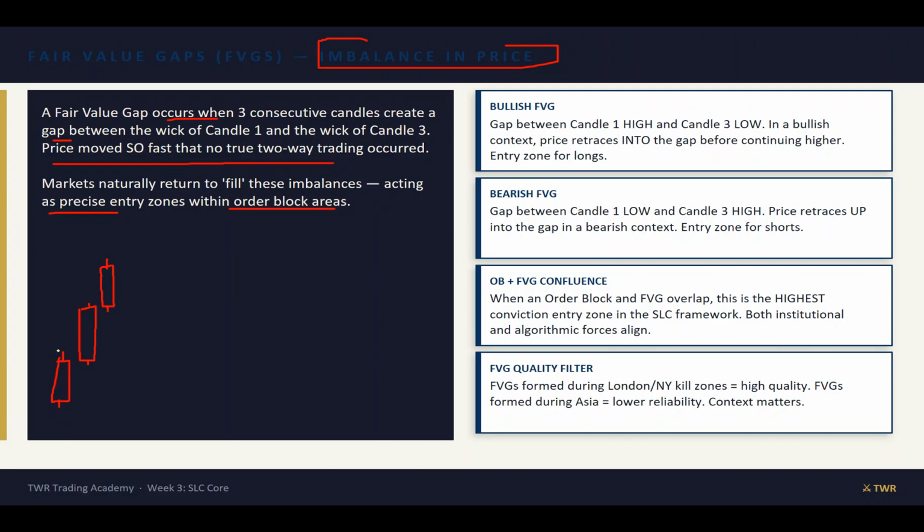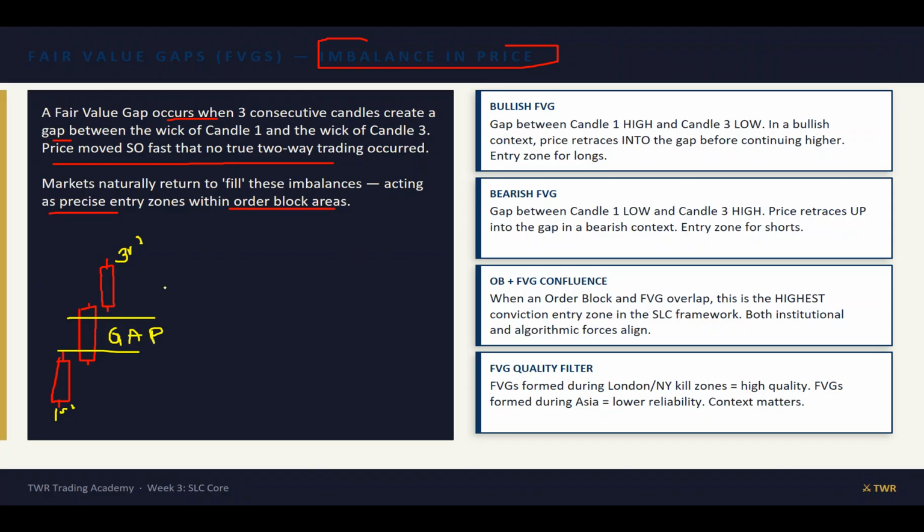Look at the gap between the wick of the first candle and the wick of the third candle. So look at where the wick reached. This gap here is what is known as an imbalance or a fair value gap.